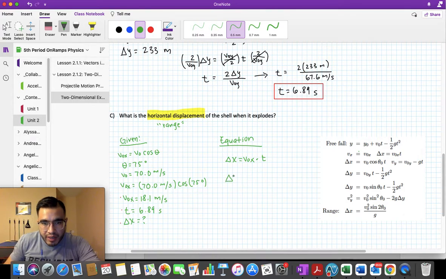So delta x is 18.1 meters per second times 6.89 seconds.